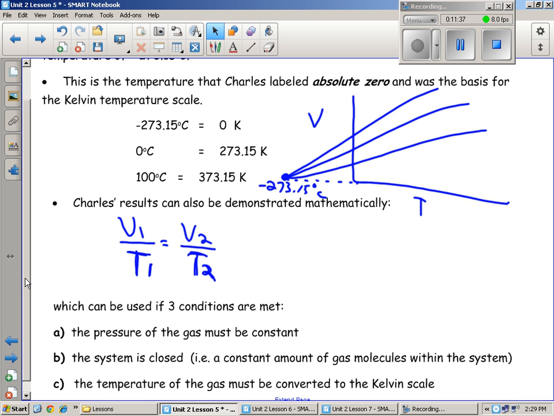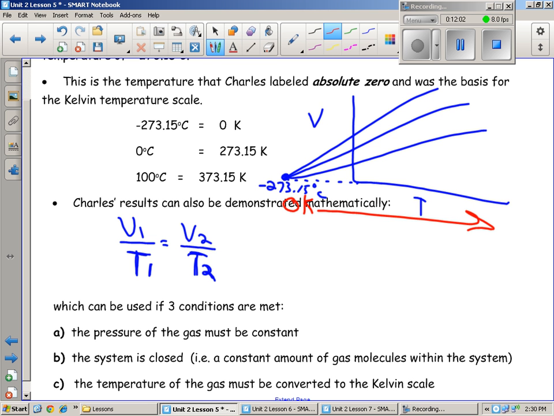Well, Charles said, hey, if 0 volume happens at negative 273.15, I'm just going to adjust the scale. I'm going to call negative 273.15 0 Kelvin. Anything above there is positive and more than 0, because theoretically we'd have 0 volume, but probably not going to happen.